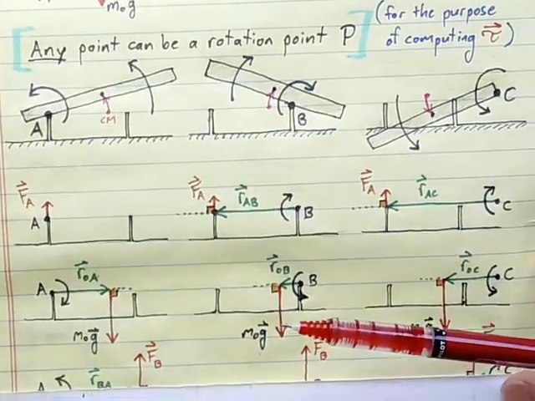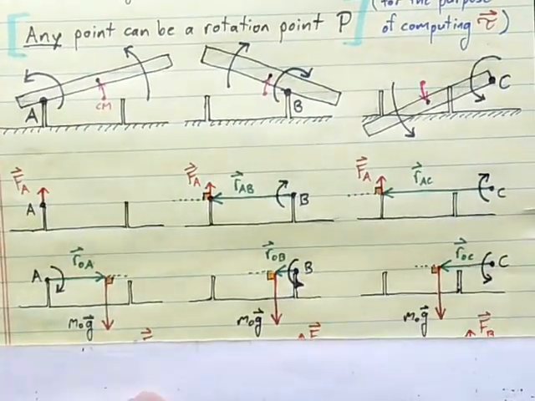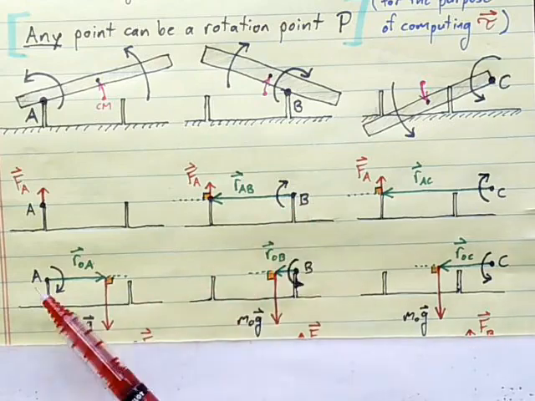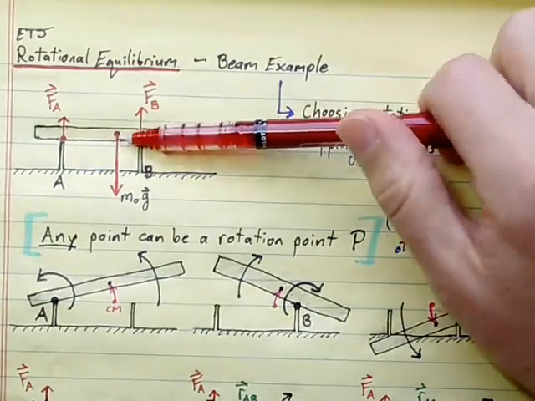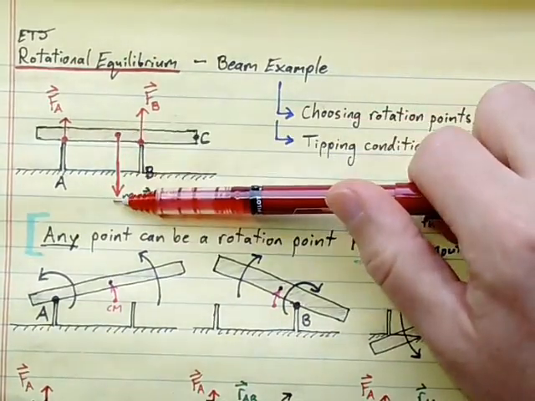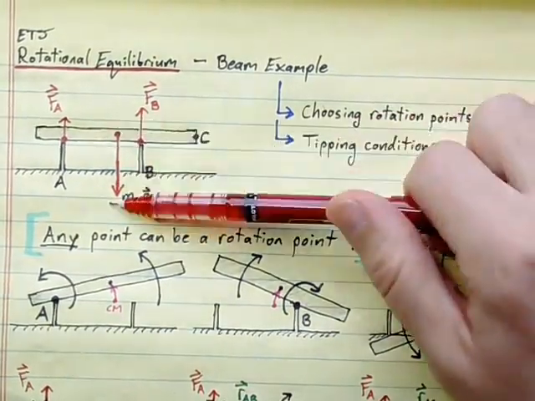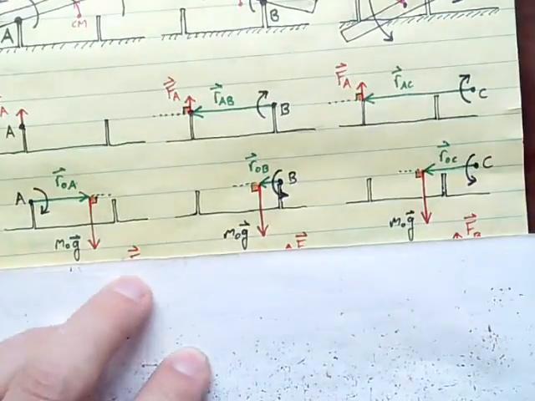In this next row, I've got the torques exerted about points A, B, and C, all from the weight of the beam. M naught is the mass of our beam, so M naught G is the weight of our beam.